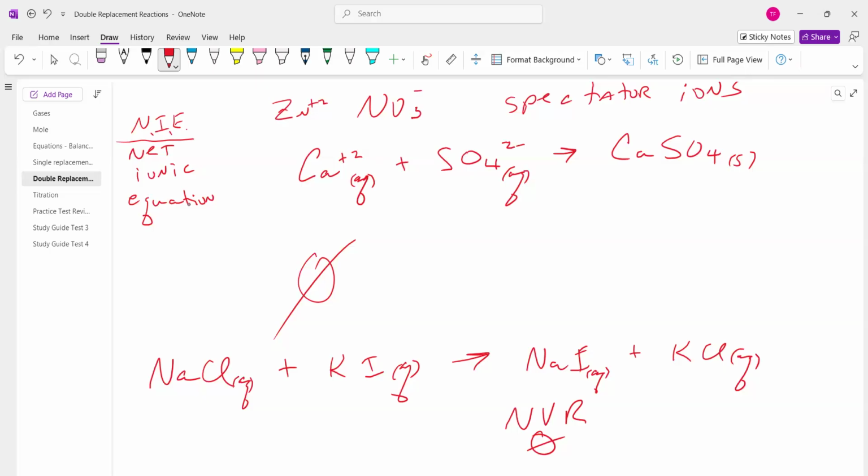Why don't you do it, just to get used to doing it. But that's why I leave it off, because it adds a lot of complexity and doesn't really do anything. It just shows the ions versus a molecular one. The ions are there, just bound up. So I don't think it adds anything, but a lot of teachers teach it. Does that make sense? And you'll thank me too.